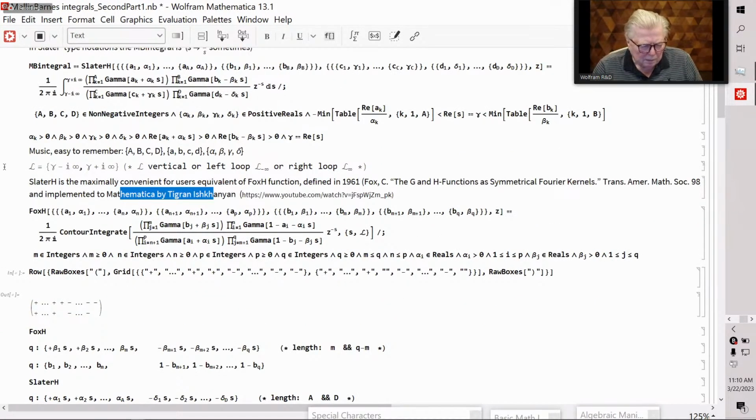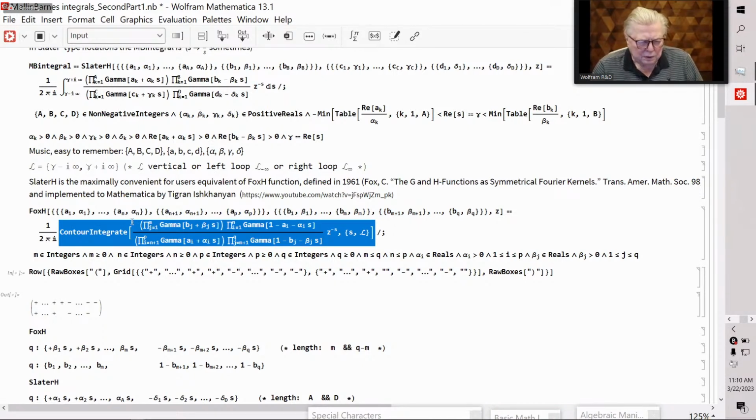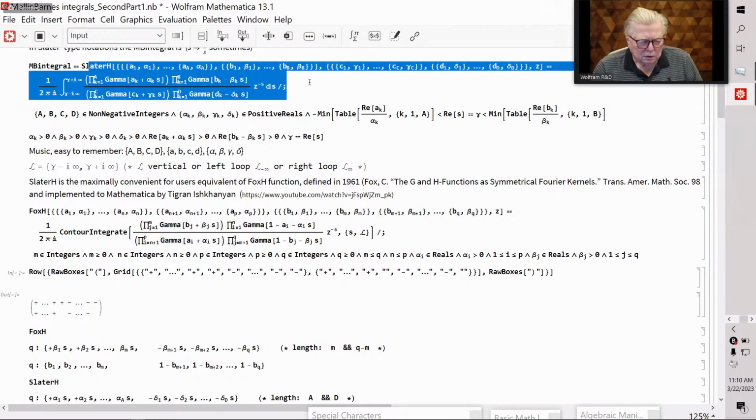And I will talk about how this definition allows us to write formulas in a more easily visible format.